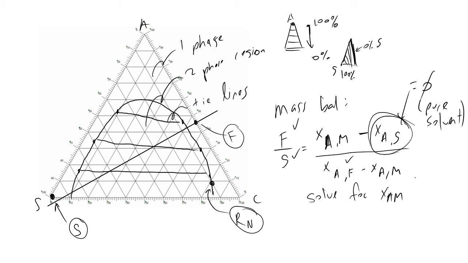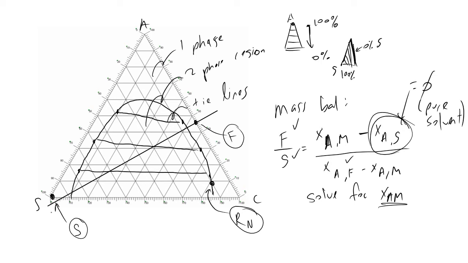And so with XAM, we now know one of the 3 values we need to define the mixing point on our equilibrium triangle or our ternary diagram. And so what we now do is find where this XAM value will hit this SF line that we drew.